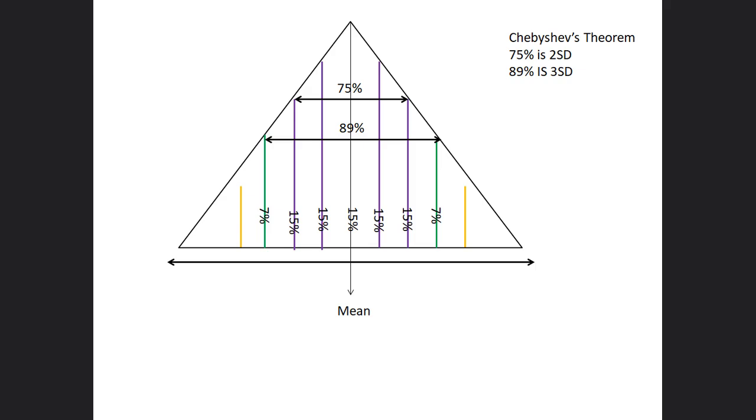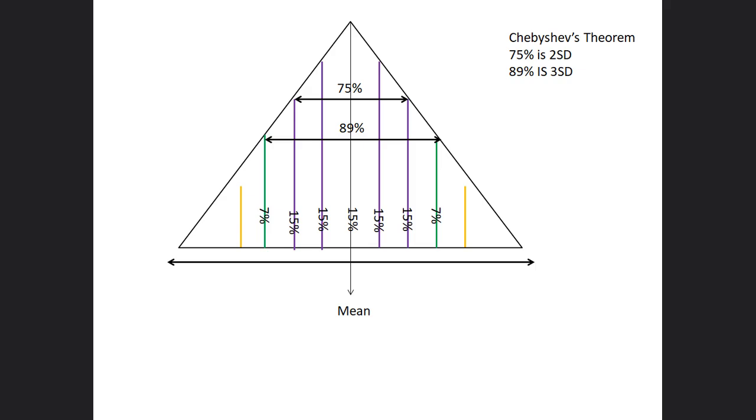The next line is 89%, which is within 3 standard deviations. Since we already have part of the middle, which is 75%, we're going to subtract 89 minus 75, which gives us 14%. We're going to take that 14% divided by 2, which will give you 7%. We're going to add 7% to the right on the green line, 7% to the left on the green line.